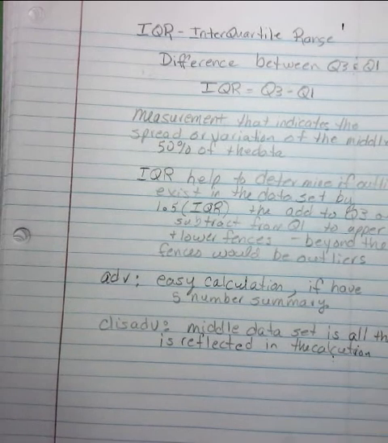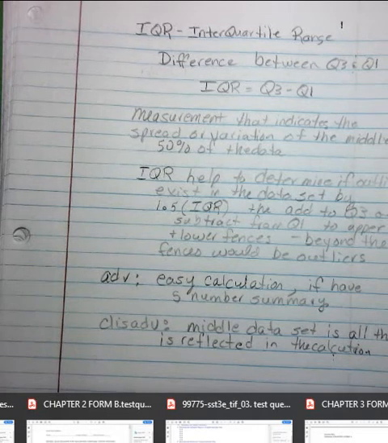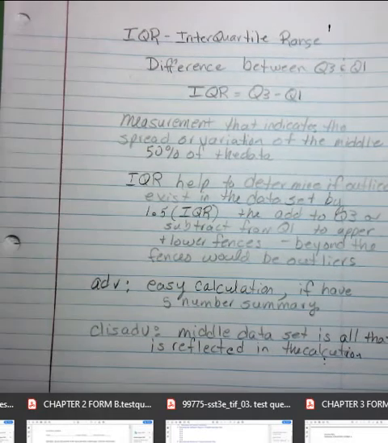Then when we find the outliers, it does help us to find extreme values, but that would be on the ends, but the main thing that the IQR does tell us, of course, is the fact that we have the spread of the middle.